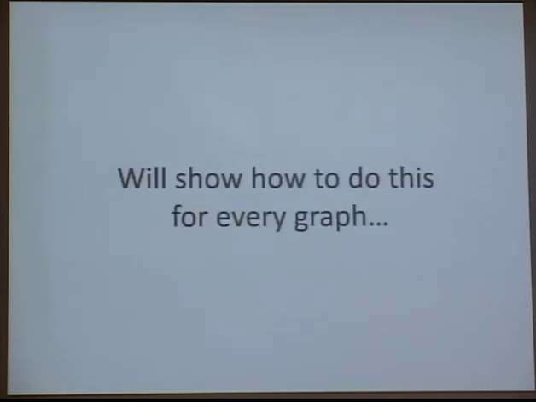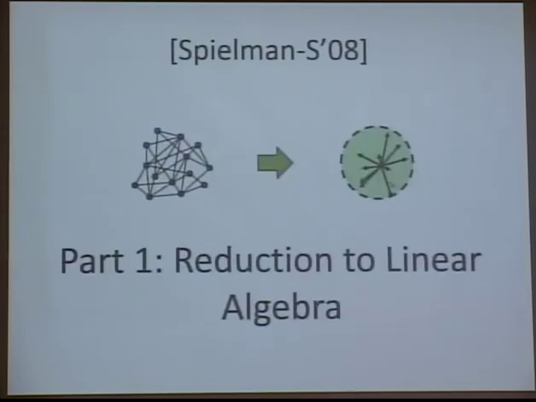Okay, so what I'm going to show you is how to do this for every graph fast, and the proof is essentially going to have two parts. In the first part, I'm going to reduce this problem about approximating graphs to a purely linear algebraic problem, which has nothing to do with graphs. I mean, of which graphs are a very special case.